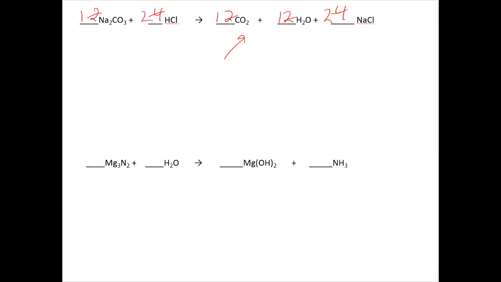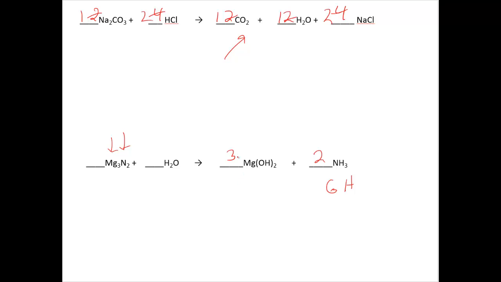Okay, so let's do this one now. In this case, I have 3 magnesiums. I want to pick 3 magnesiums. I'm going to ignore oxygen and hydrogen until last. I like to do that a lot. It helps balancing. I've got 2 nitrogens here, so I'm going to put 2 here. Now I'm going to look at my oxygens and hydrogens. I notice that I have 6 hydrogens here.